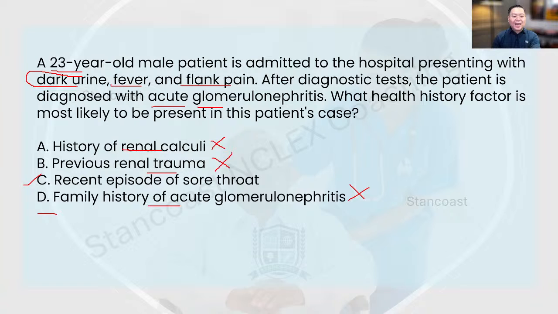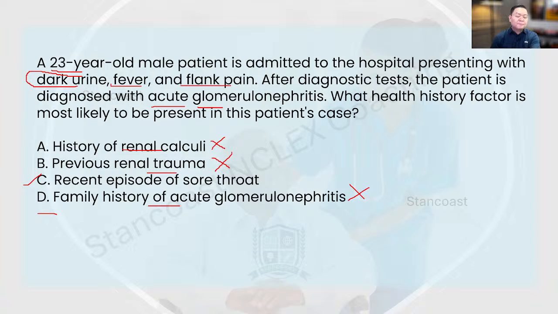Aside from that test-taking strategy, we also have to recall the pathophysiology of glomerulonephritis, the factors commonly associated with it, and make sure we have the correct understanding of the pathogenesis of the process. We want to be able to identify the most likely health history factor.